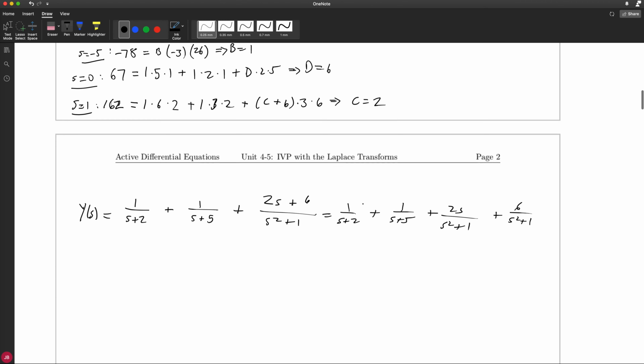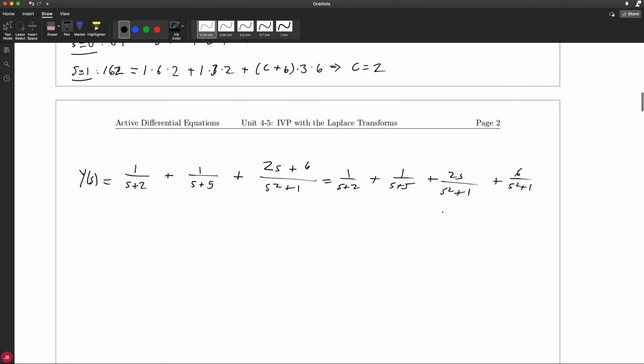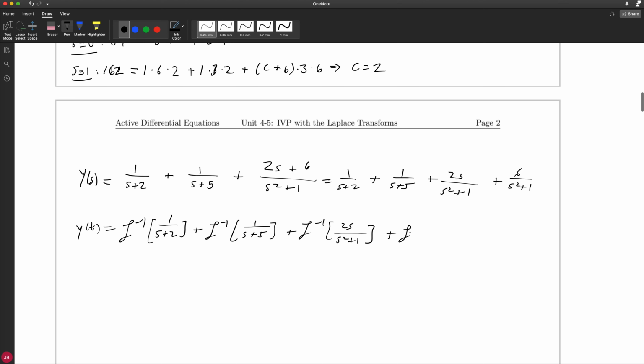And the reason is this is a cosine. This first half of the final fraction is a cosine inverse Laplace, and this one here is a sine identity. So that means that little y of t is the Laplace inverse of 1 over s plus 2 plus the Laplace inverse of 1 over s plus 5 plus the Laplace inverse of 2s over s squared plus 1 plus the Laplace inverse of 6 over s squared plus 1.